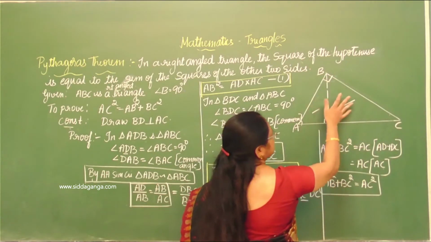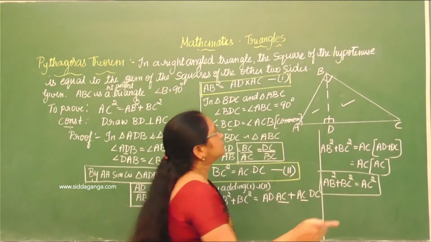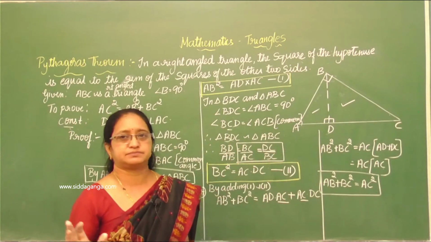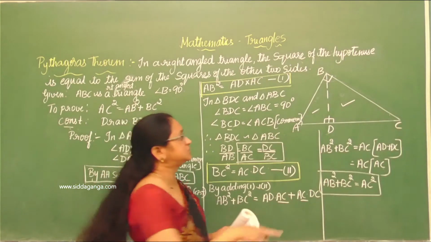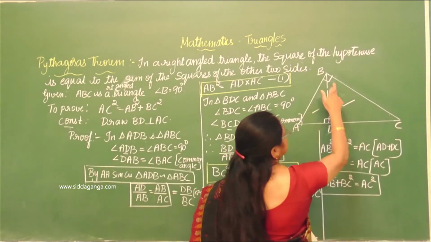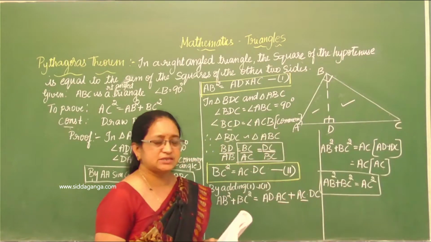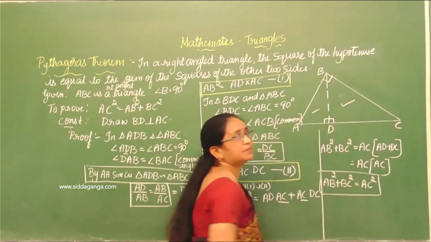Here this is the perpendicular. So the big triangle is divided into two triangles. These two triangles are similar to the whole triangle, as well as similar to each other.